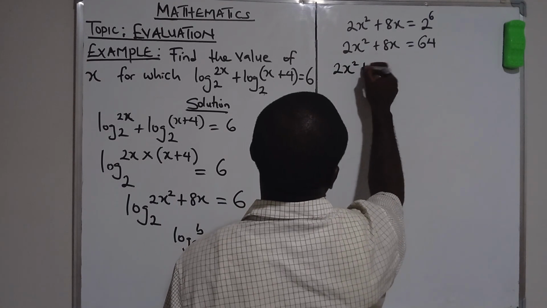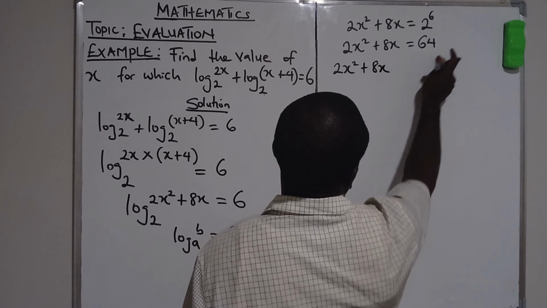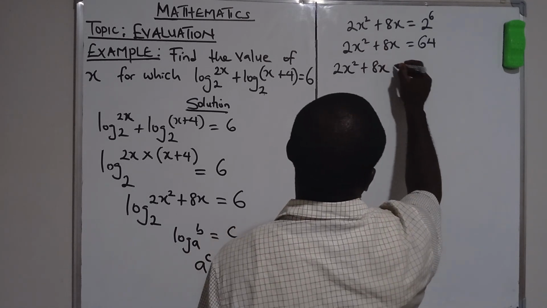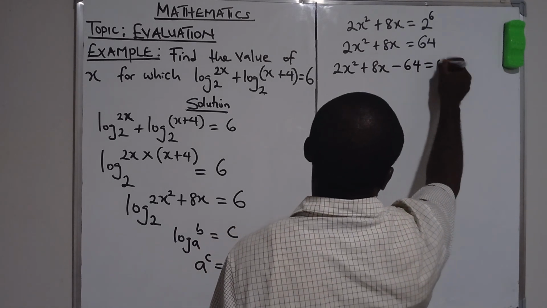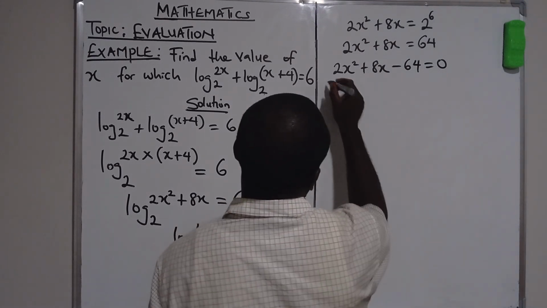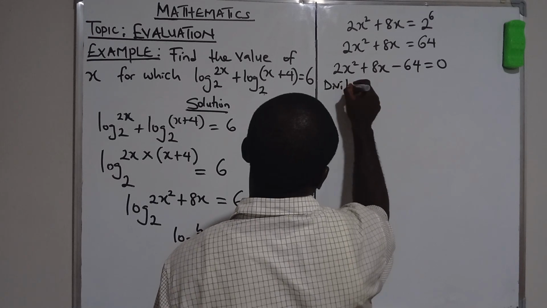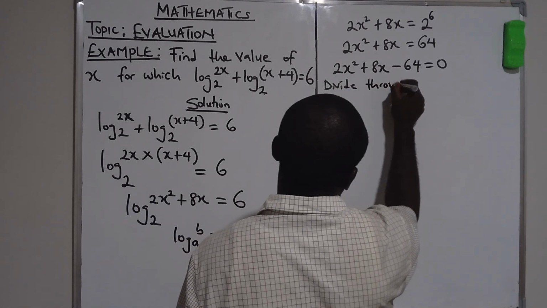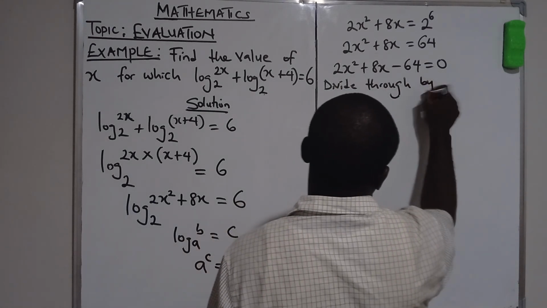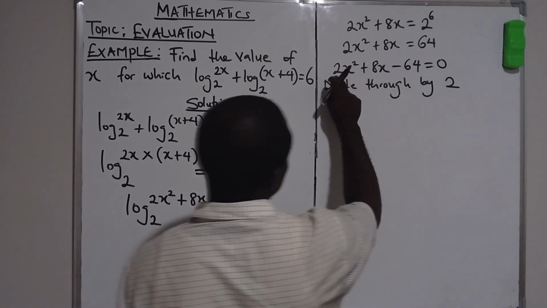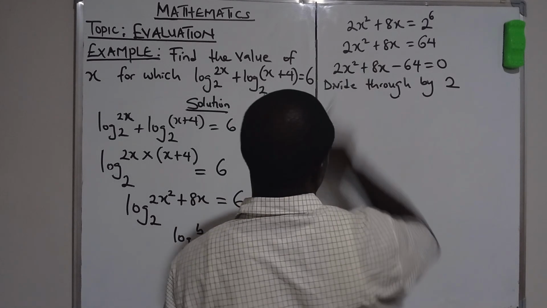2x squared plus 8x, take the 64 across the equal sign, it turns to minus 64 equals to 0. Divide by 2, because I want to reduce the coefficient of x squared.